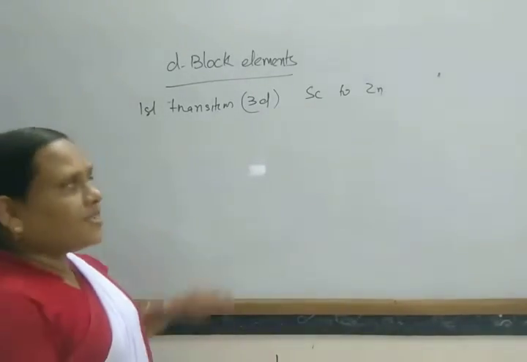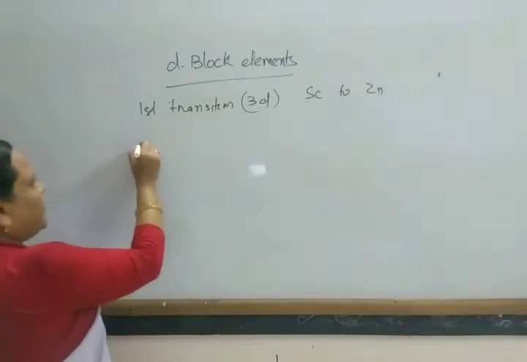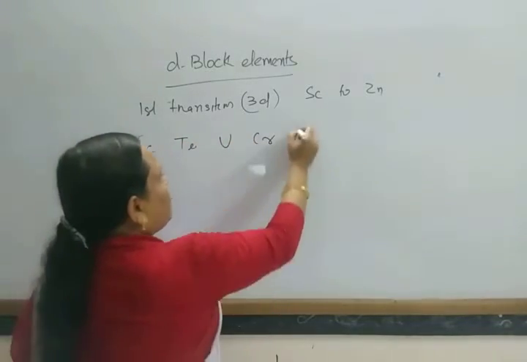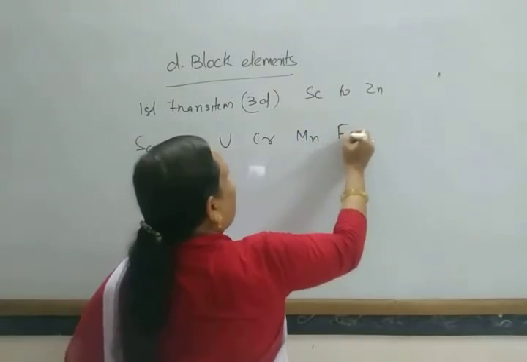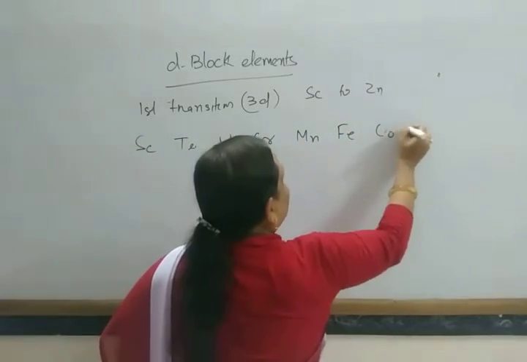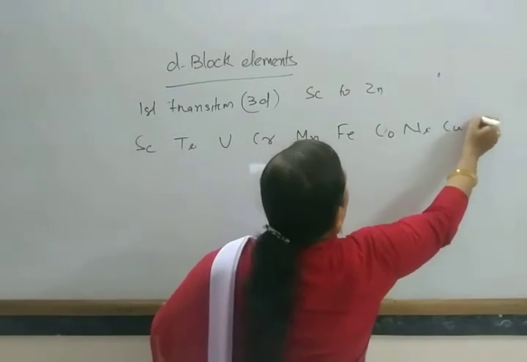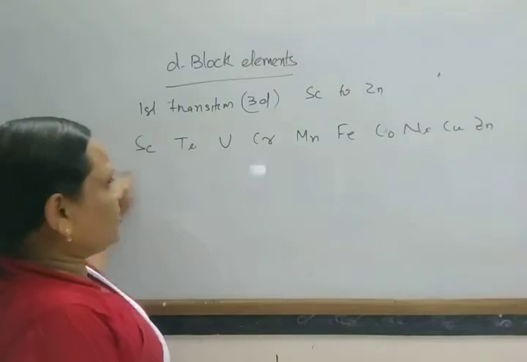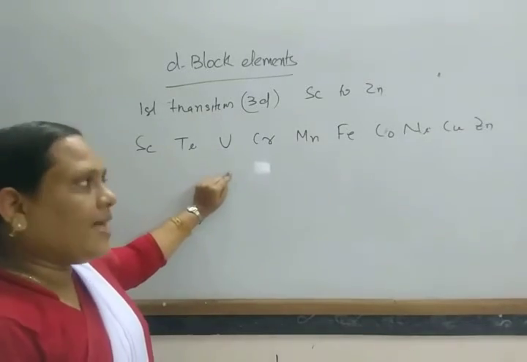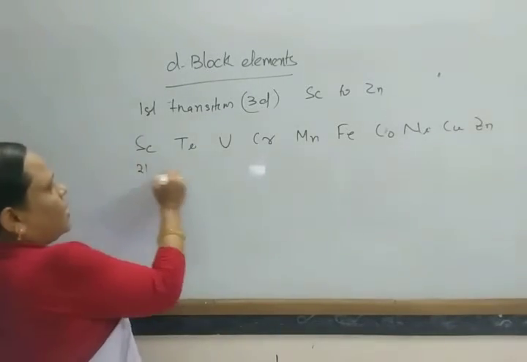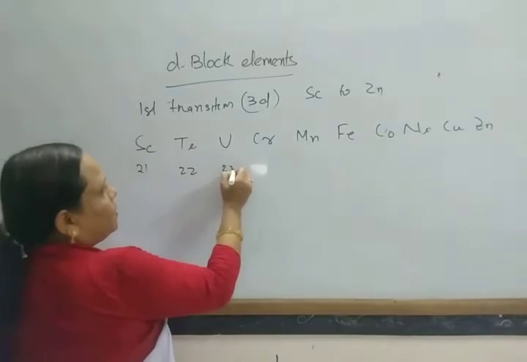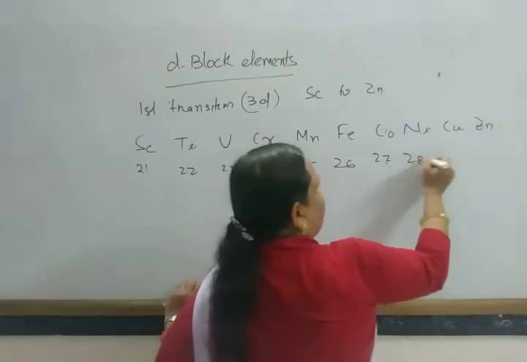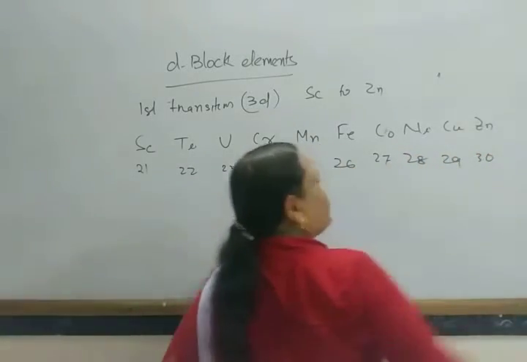So the first transition series consists of 10 elements: scandium, titanium, vanadium, chromium, manganese, iron, cobalt, nickel, copper and zinc. Okay, so this consists of these 10 elements. You know the atomic numbers: 21, 22, 23, 24, 25, 26, 27, 28, 29 and 30.